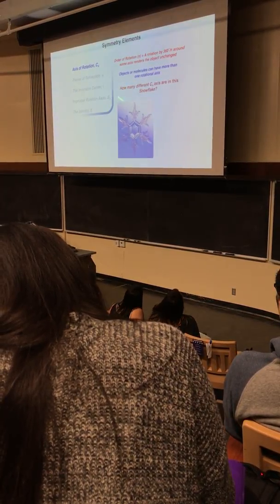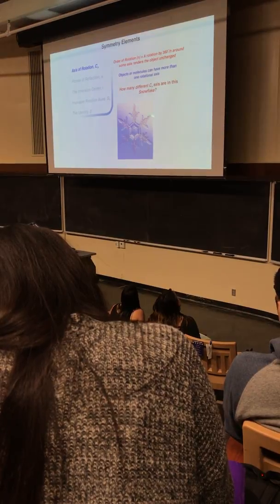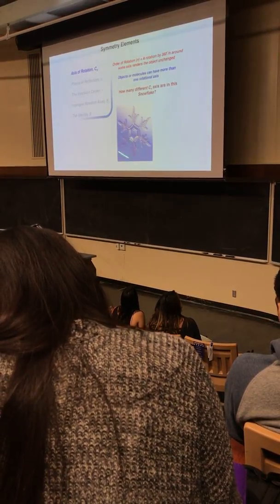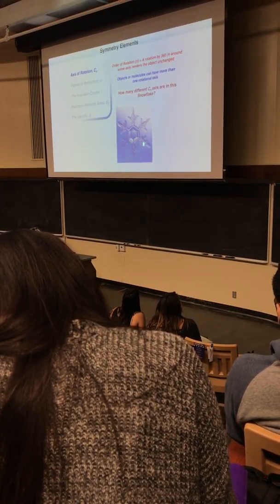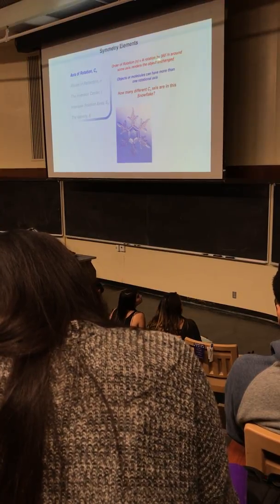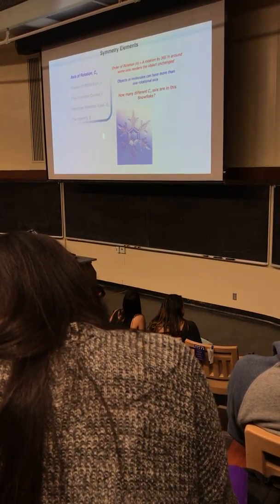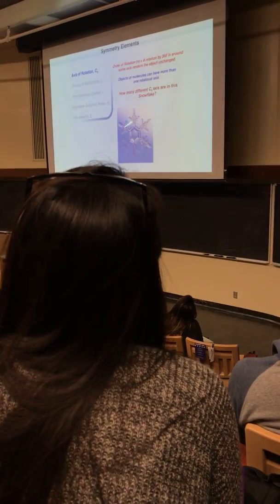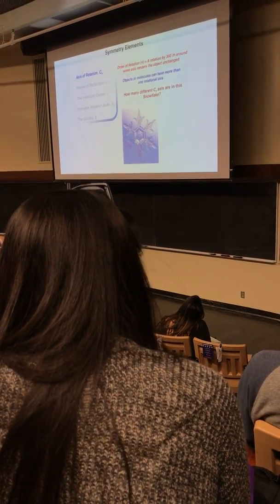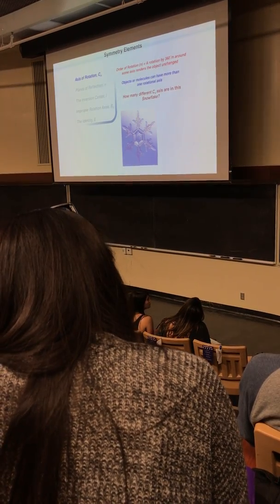C2, right? So if we go from the top spoke here, we rotate 180 degrees, 360 divided by 2 is 180. That's going to be a C2, and we can take any point and rotate 180, and the object is going to be unchanged. Awesome. Does everybody see that?